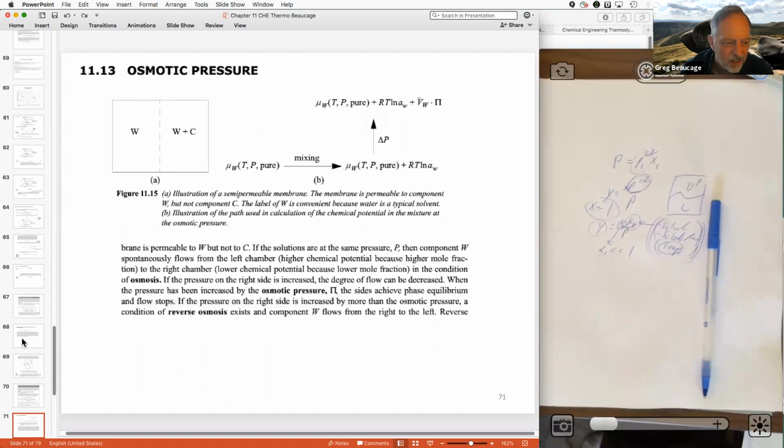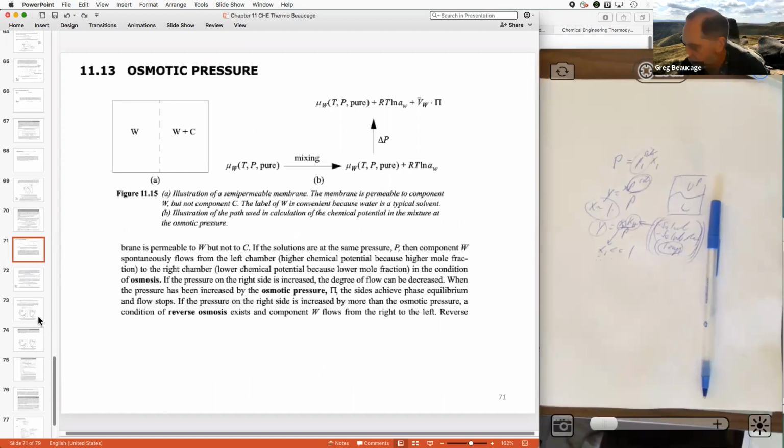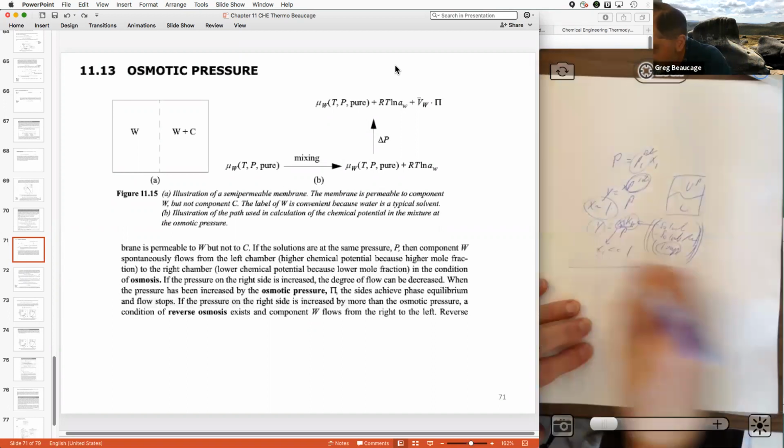The last thing, I think this is the last thing. So it's just this osmotic pressure. And again, this is also fairly simple, right? But important, because there are a lot of applications like reverse osmosis.